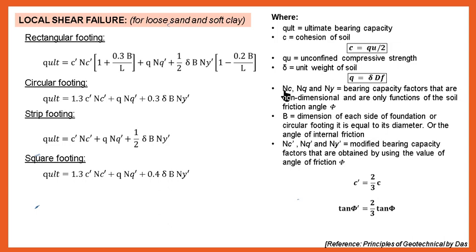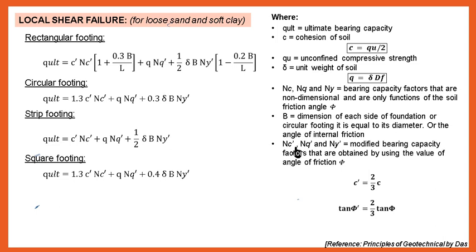Also, we have here the Nc, Nq, and Nγ. This is the bearing capacity factors that are non-dimensional and are only a function of the soil friction angle. So, actually, this is given. So, may table tayo dyan para ma-identify natin yung Nc, Nq, and Nγ.